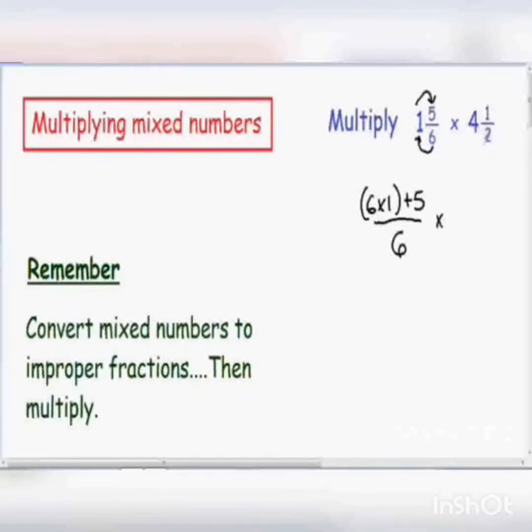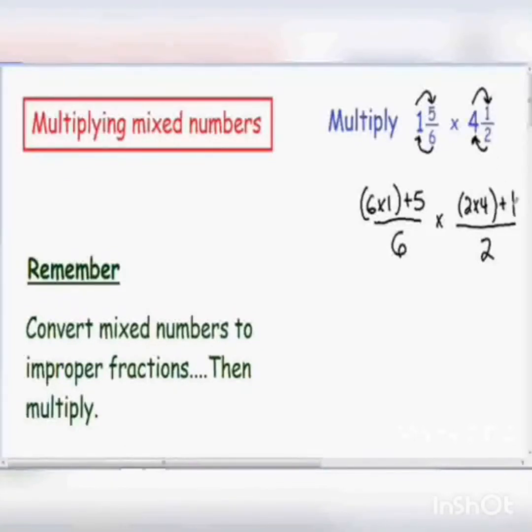So 6 times 1 plus 5 times, then we move to the next one. The denominator here, as you can see, is what? 2. Now, as usual, you multiply the denominator by 4, and then add the numerator.